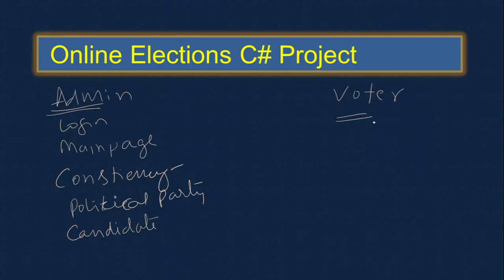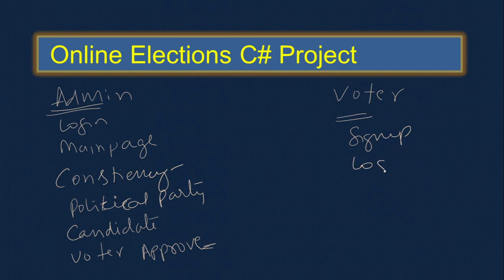Next, what a voter can do is sign up. Once they sign up, there is a voter approval. So we need to approve them based on whatever data they provided; we need to check and then approve from the admin. Then they can log in, they can view the candidates, and then they can see the result.